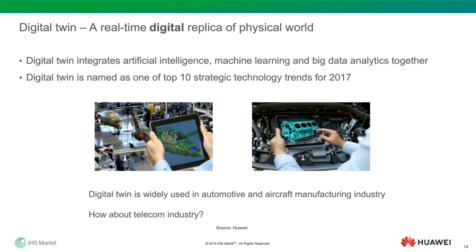What does digital twin mean? Digital twin means you duplicate the physical world. You create a real-time digital replica of the physical world, based on data such as what sensors collect, which forms one digital twin. Once you have a digital twin, you can integrate artificial intelligence, machine learning, or big data analytics to process it.